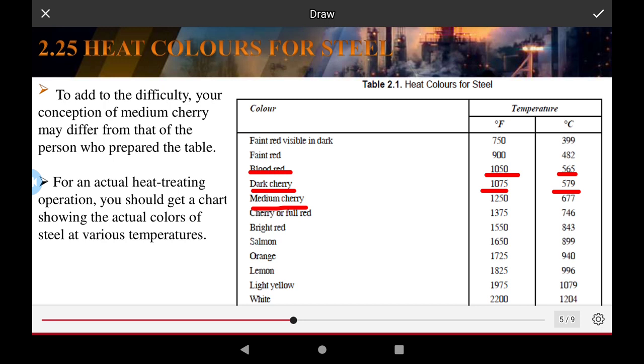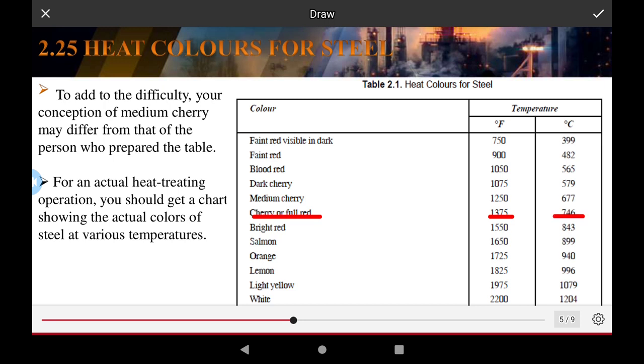Medium cherry is 1250 degrees Fahrenheit, or 677 degrees Celsius. Cherry full red is 1375 degrees Fahrenheit, or 746 degrees Celsius.